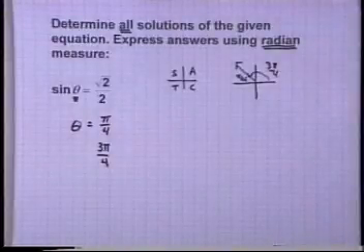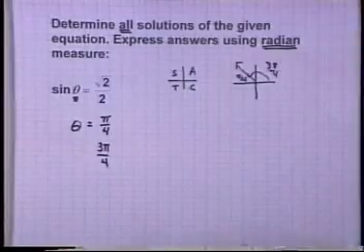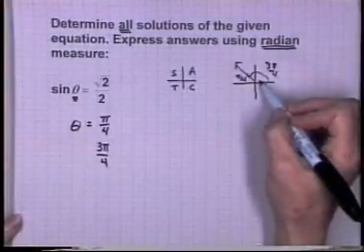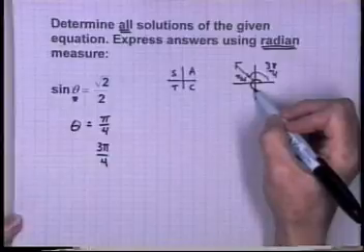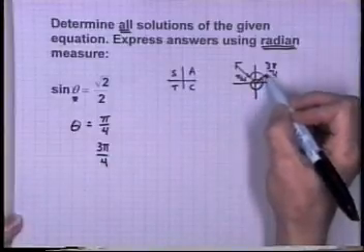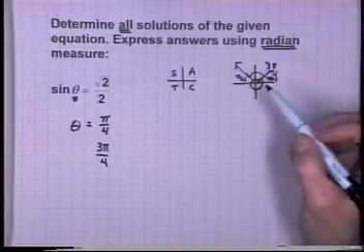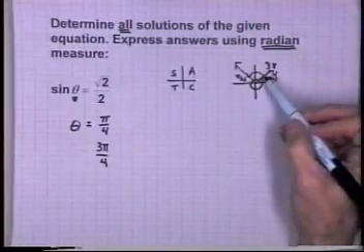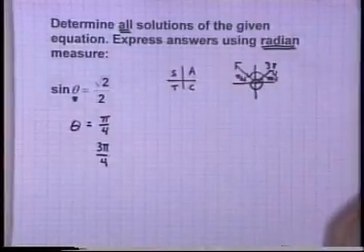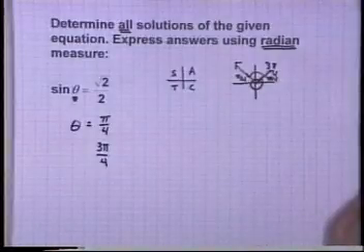Now, again, let's talk about this idea of all solutions. What would happen if I did a complete revolution and came back to the first quadrant with a pi over 4 reference there? In other words, I did 2 pi plus another pi over 4. I would still have that very same sine value of square root 2 over 2, wouldn't I?